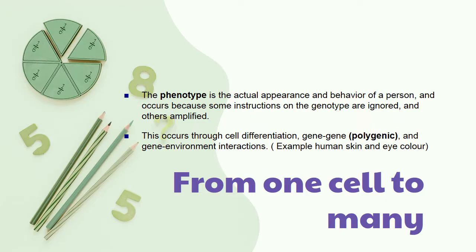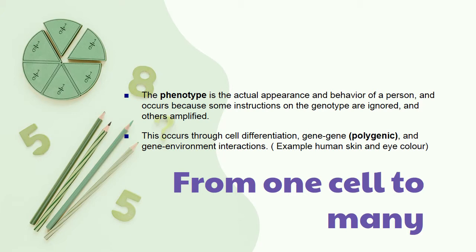The phenotype is the actual appearance and behavior of a person, what we have inherited. Not only what we have inherited, but also in interaction with the environment, and it occurs due to polygenic and gene environmental interaction.